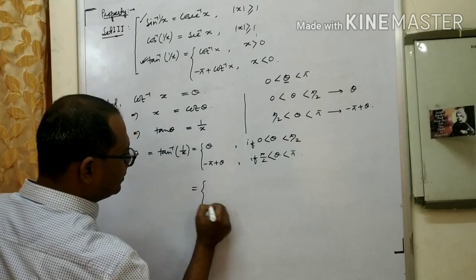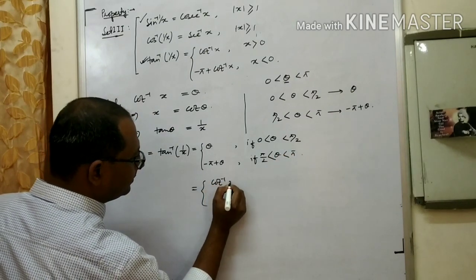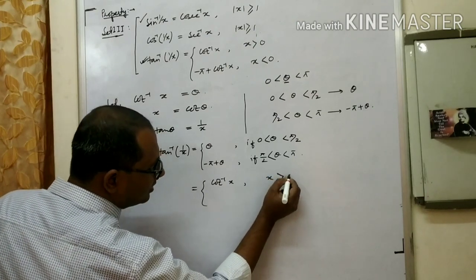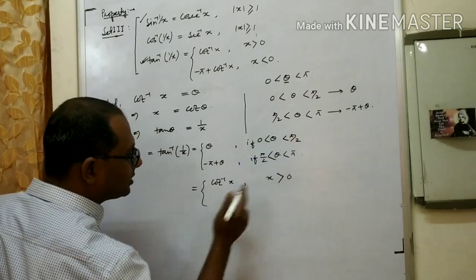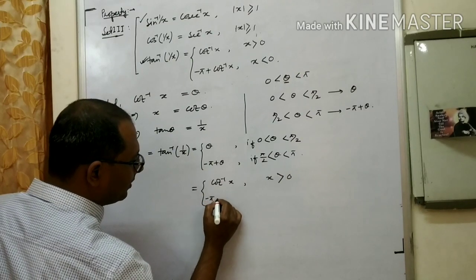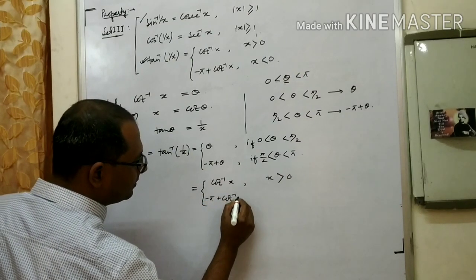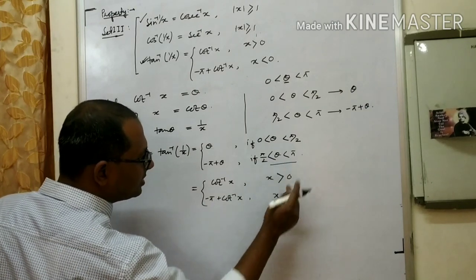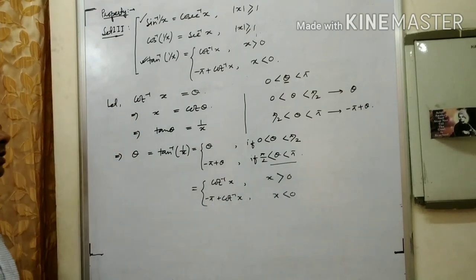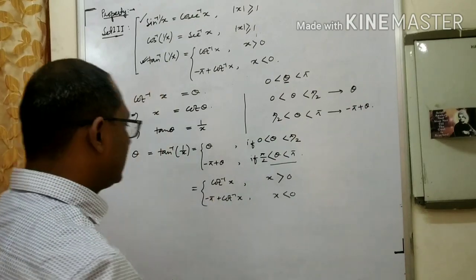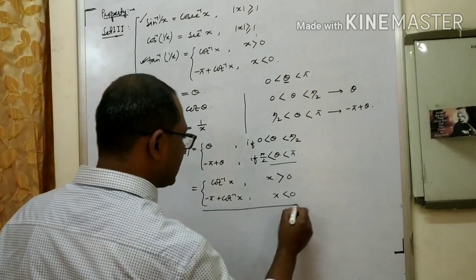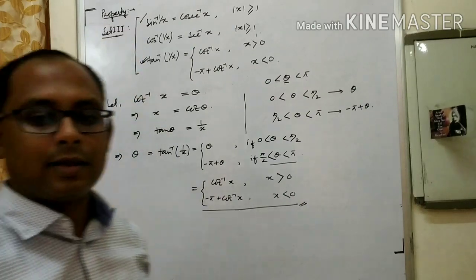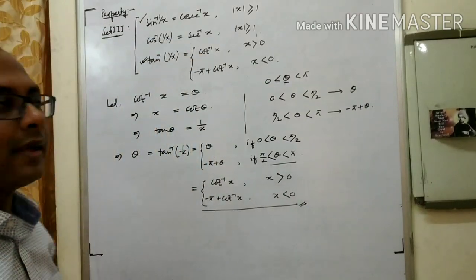That is equal to cot inverse of x if x is greater than 0. Theta lying here means x will be positive, and minus pi plus cot inverse of x if x is less than 0. Theta lying here means x will be negative. So this is how the third result can be obtained. The second result is left as an exercise for you.